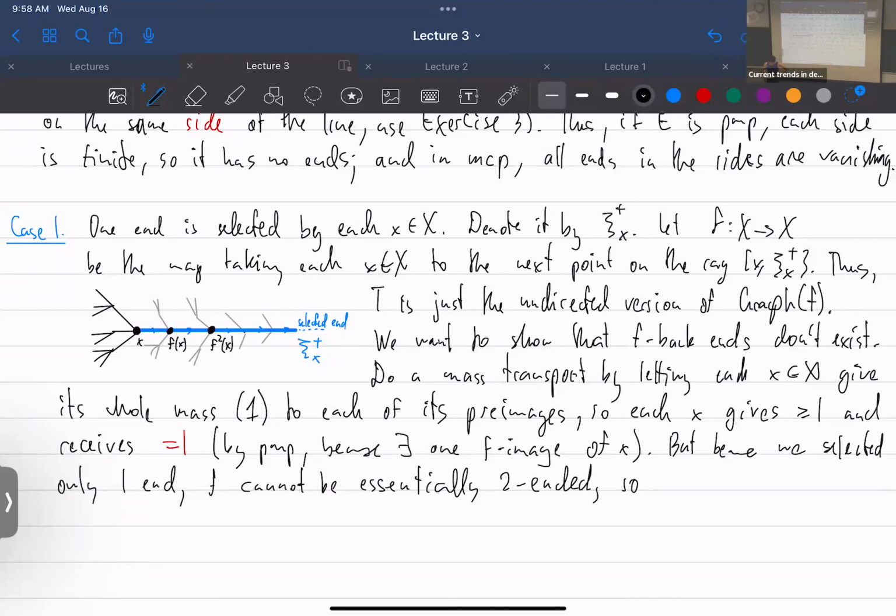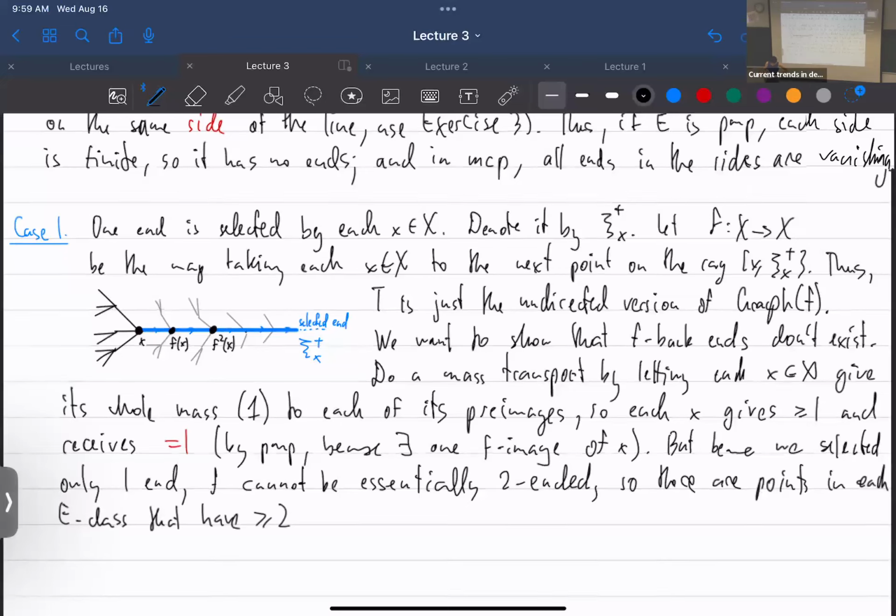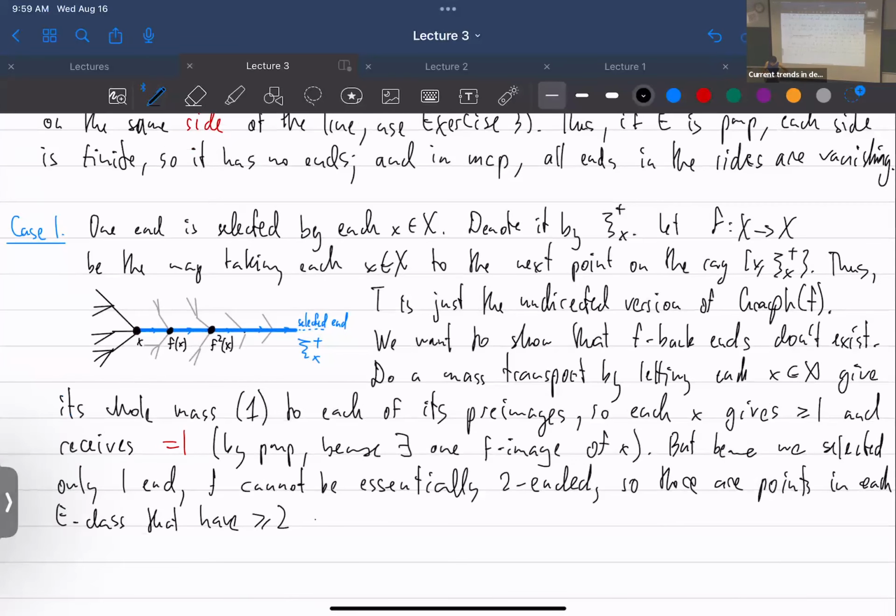So there are points in each f class, or orbit, or T class, E class, that have greater than or equal to 2 preimages.